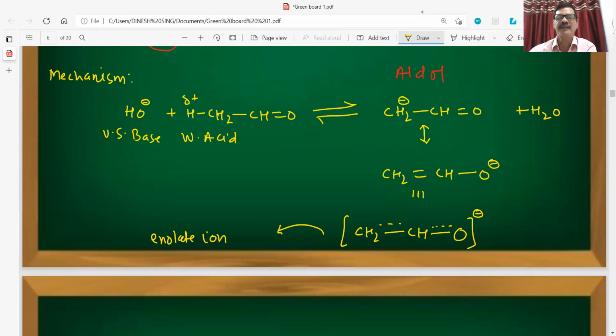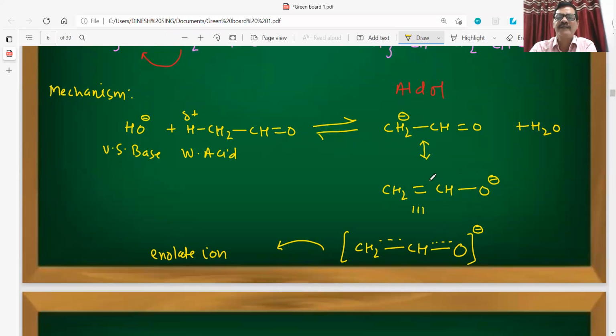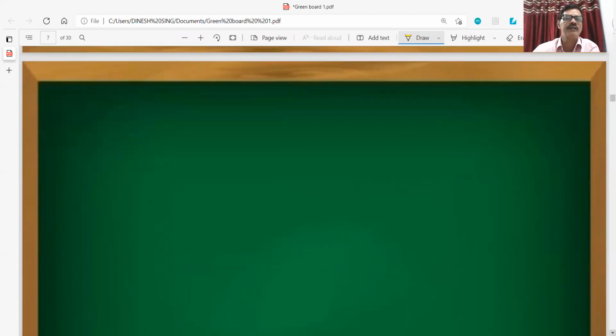If we compare the stability of the first and second structures, the second one is more stable than the first, because the negative charge there is accommodated on the more electronegative atom, oxygen, but in the first it is on the less electronegative carbon atom. Now this carbanion formed in the reaction is a very strong nucleophile, so it will attack another molecule of CHO as a nucleophile.